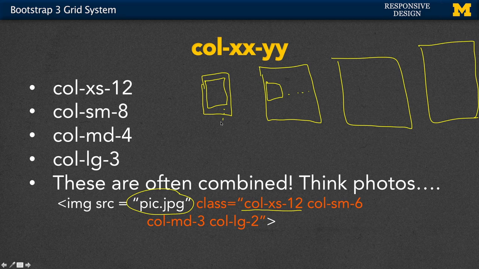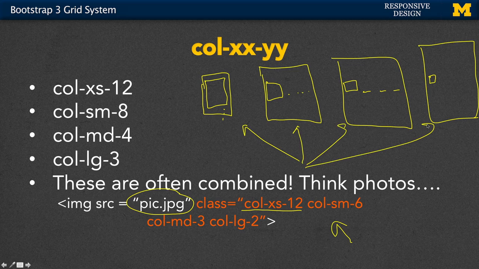In the same way, if I'm going to have a medium screen, I only want it to take up about a quarter, leaving room for 3 other pictures. And then on a large screen, I'm going to draw it really small just to kind of be like, oh, I only want that to take up 1/6. So it's the same picture. It's the same HTML code. The difference is that on different viewports, the picture is going to look relatively big on a small screen and relatively small on a larger screen.